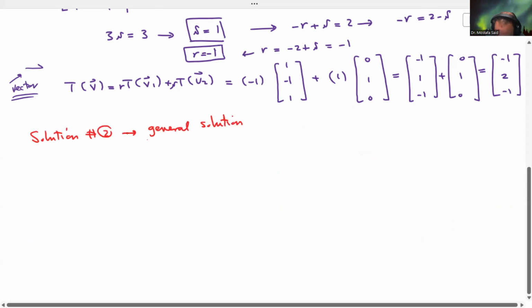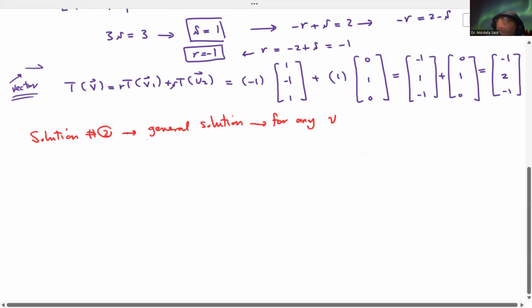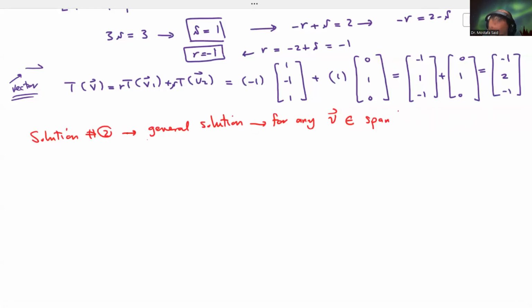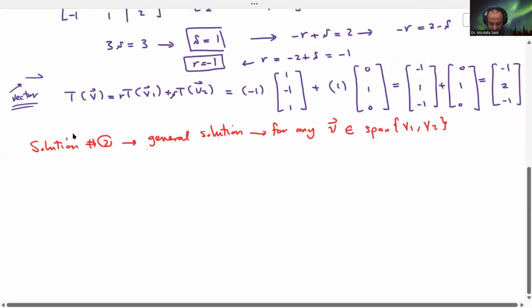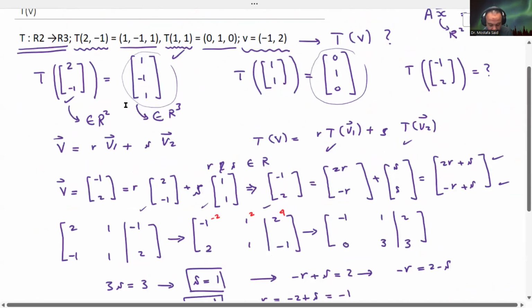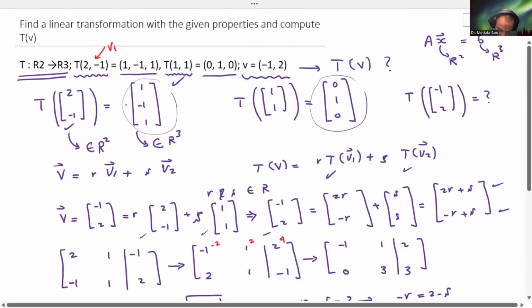General solution, I mean for any vector V, let's call it V, belonging to the span of V1 and V2 vectors. What is V1 and V2? Basically, again, V1 and V2 are our given vectors, like this one here. This is what we call V1. You can call it whatever, X1, X2, whatever you like. And this is V2.